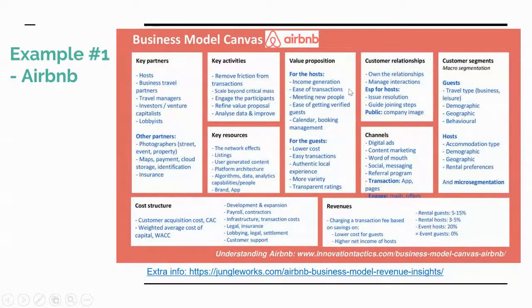All right, now let's take a look at value proposition. So because we have two different groups, we have guests and also hosts, that is why there are two different value propositions that you have to do. So for the host, what are the things that you want to sell? How is Airbnb solving the needs for the host? It is by generating more money for them.